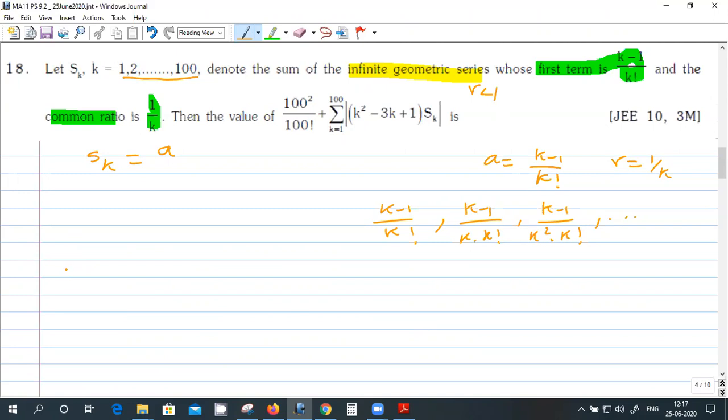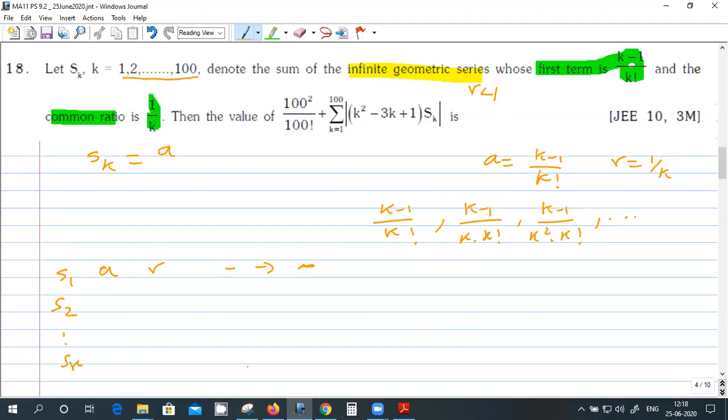See, there are different series S1, S2, and so on up to SK. All these series are infinite. This one starts with some A, and it has got some R, and it has got infinite terms. S2 is some other series. It has got some other different A, R, and then it goes up to infinity.